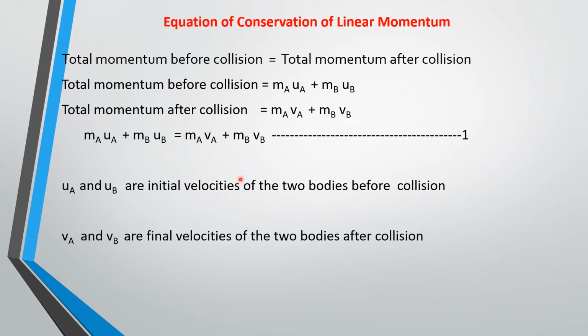Then after collision they will move with their own final velocities. So their total momentum after collision will be mA vA plus mB vB. So taking the two together, considering the principle of conservation of linear momentum, we will now have that their total momentum before collision is equal to their total momentum after collision.